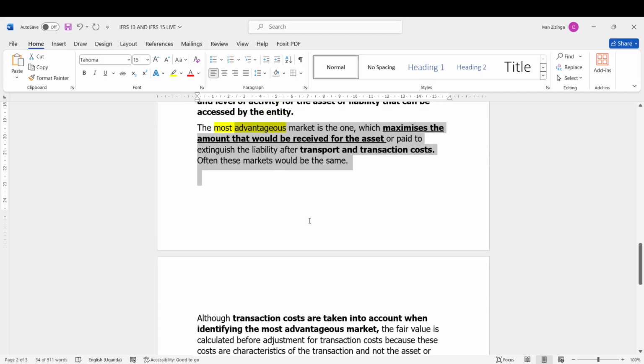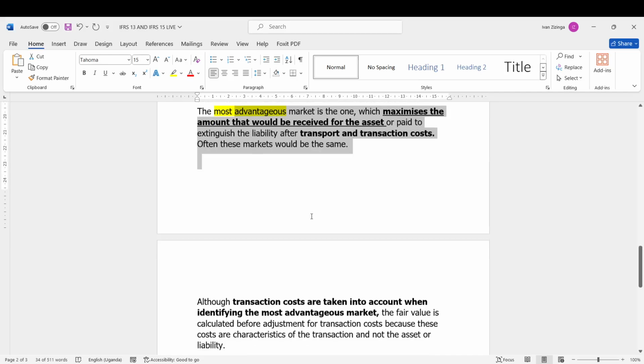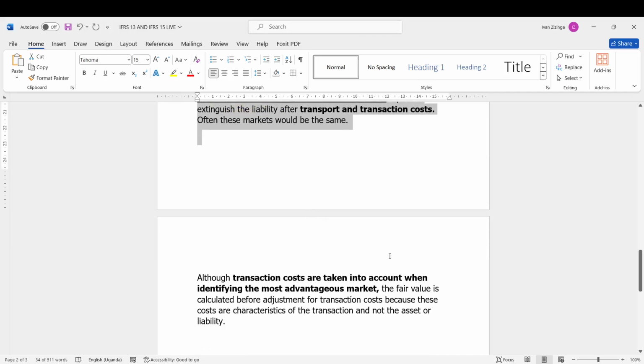Yes, we subtract the transaction costs on the selling price when identifying the most advantageous market, but when it comes to getting the fair value of the asset in that market, the fair value of the bull, we do not make adjustments for transaction costs.